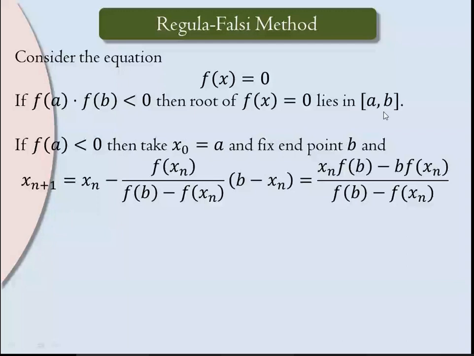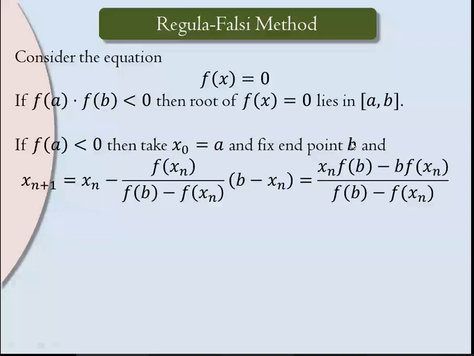And here we are fixing one end. B is fixed. Firstly, the interval is a b. Then the next interval will be x1 b, next x2 b. Like that, we are taking the new interval where one point we are fixing. And what is that point we are fixing?